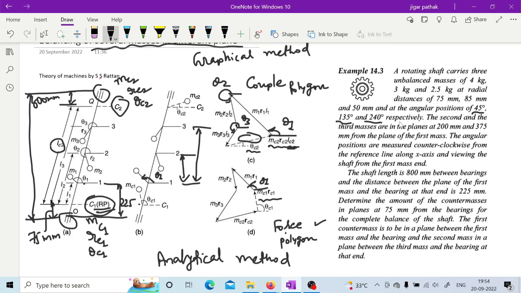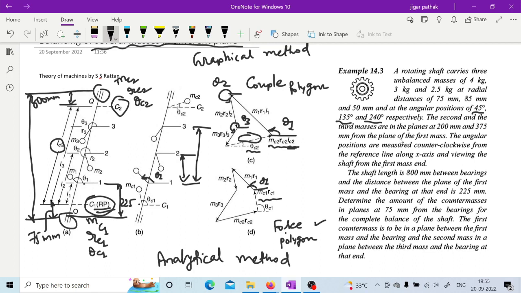So you have to measure with your instrument, and according to that you have to draw whatever magnitude of the vector along this direction, one by one, right? So you need to be careful while you are drawing this particular diagram. Angle must be correct, right? If the angle is not correct, then you will not get the proper answer.